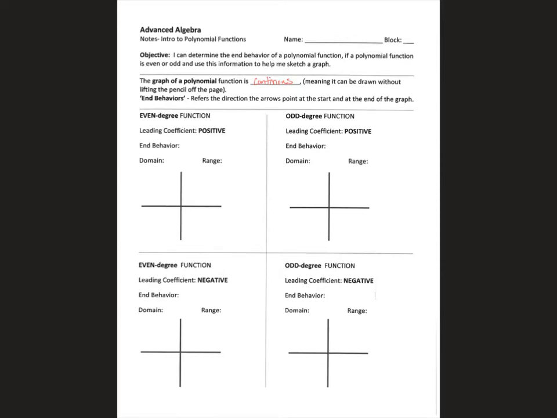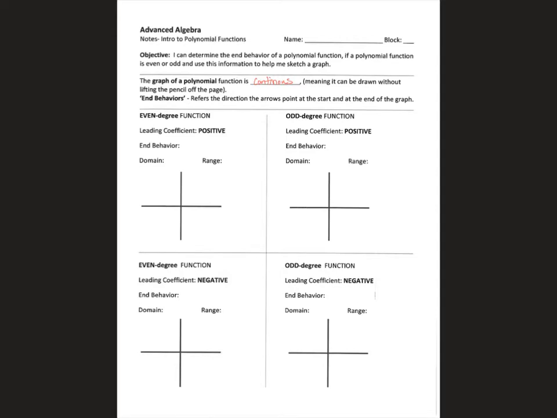And behavior refers to the direction the arrows are pointing at the start and at the end of the graph. Even degree function. So even degree, remember, we know that degree is the leading or the biggest exponent of that particular polynomial. So an even degree function would be a degree that is even.